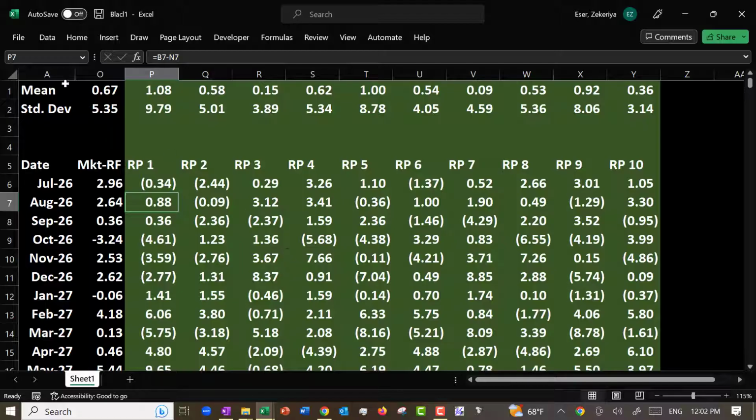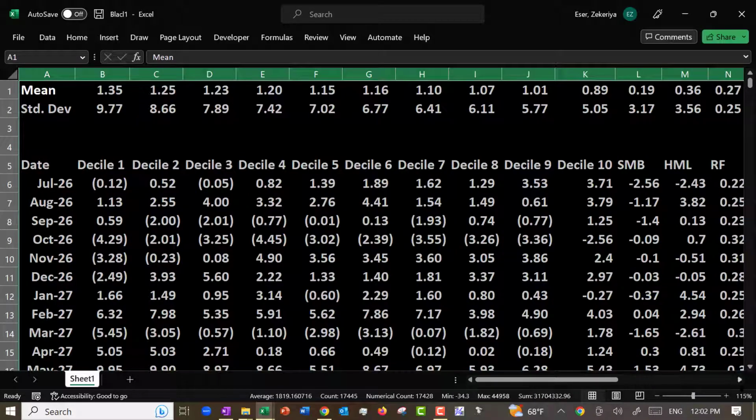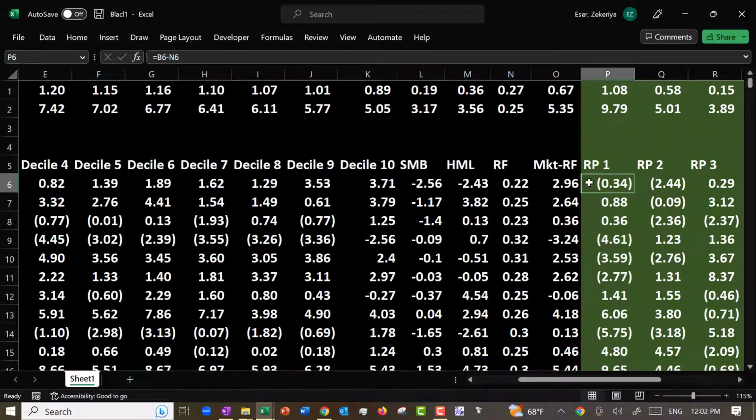When I did this formula, it refers to the risk-free rate, but this one doesn't, which means I need to fix this one, but I need to fix only the column. So there's a dollar in front of the N.